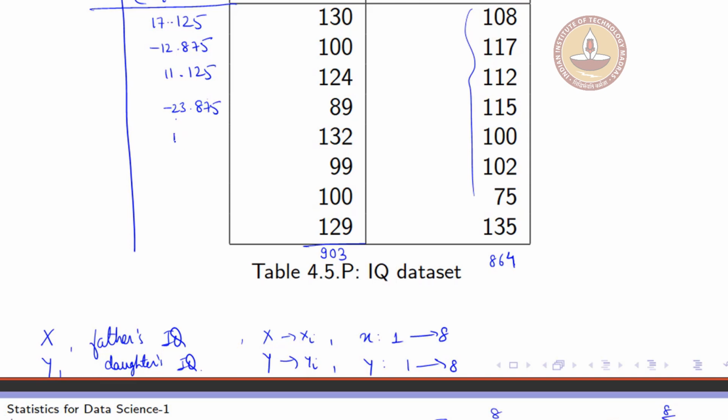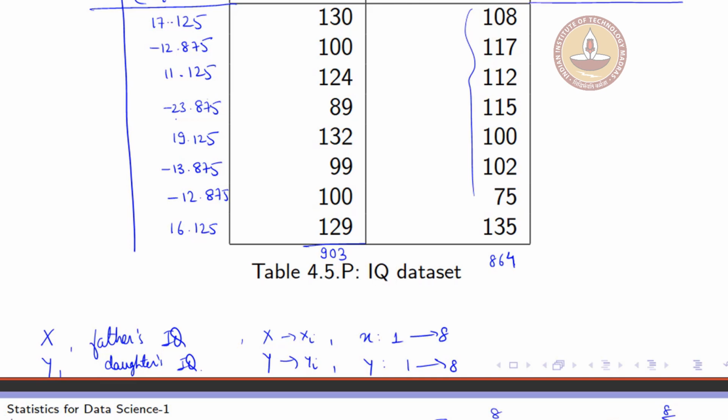This is going to be 19.125. This is going to be minus 13.875. This is going to be minus 12.875. This is going to be 16.125.